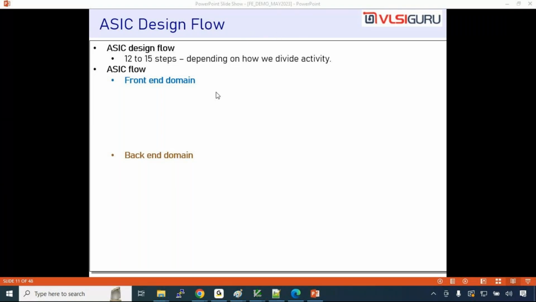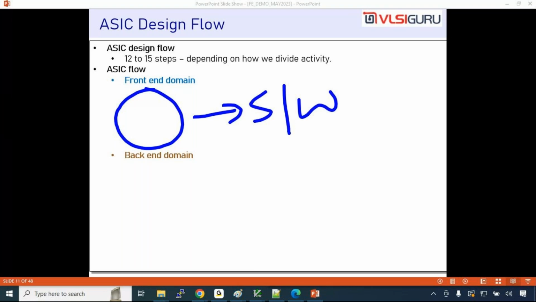As you go forward, you will understand that the front-end domain is more programming oriented, and this work is very close to software work. This work will be very similar to what a software engineer does, not the same.